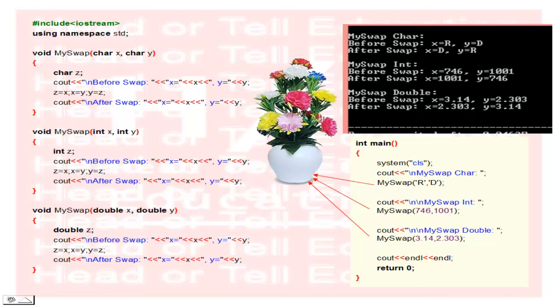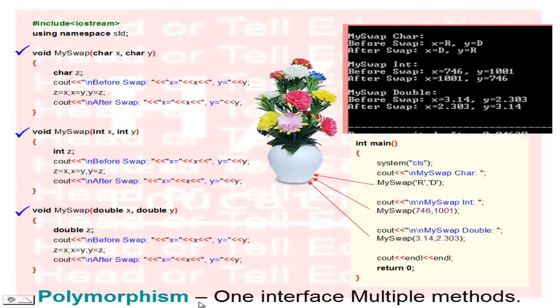This is the main concept of polymorphism. So the simple definition is: polymorphism is one interface, multiple methods. Like this, this is my swap, this is my swap, and this is my swap for double.